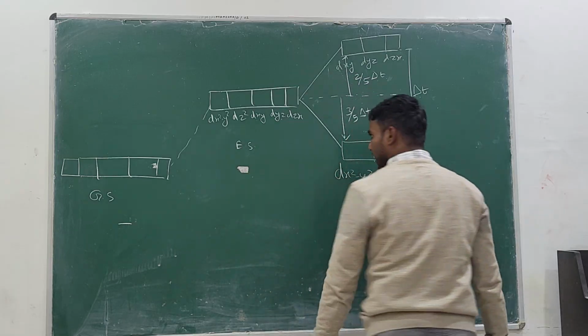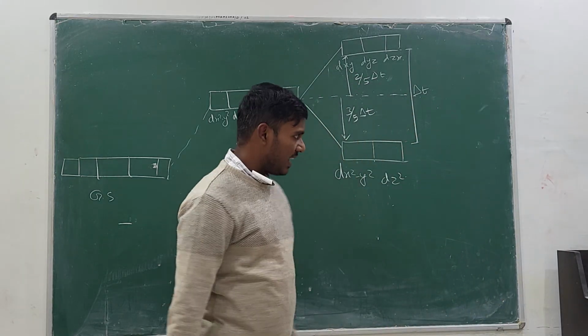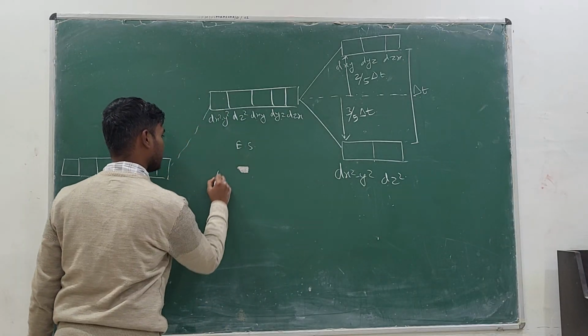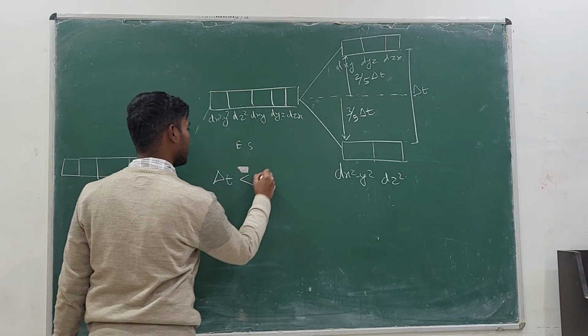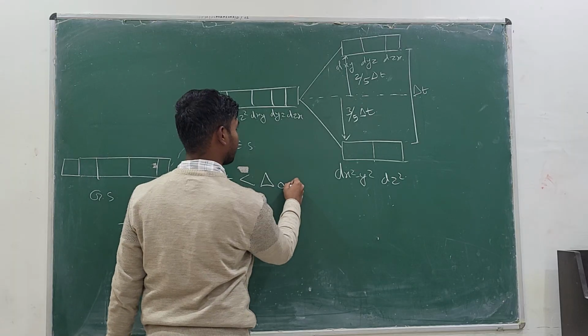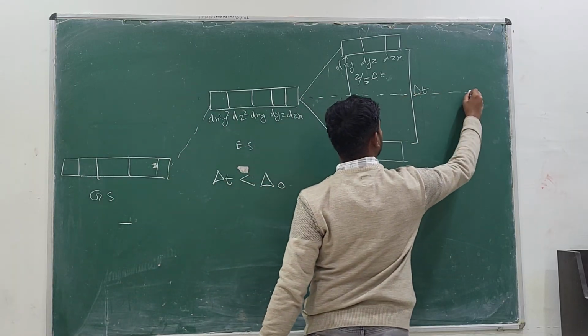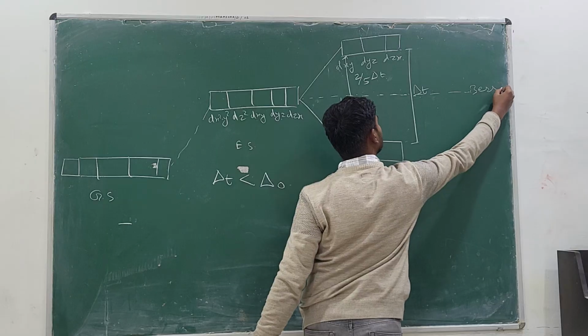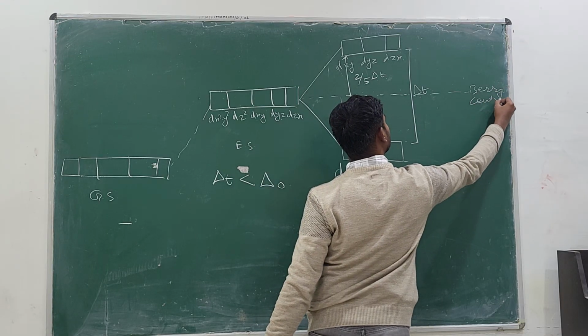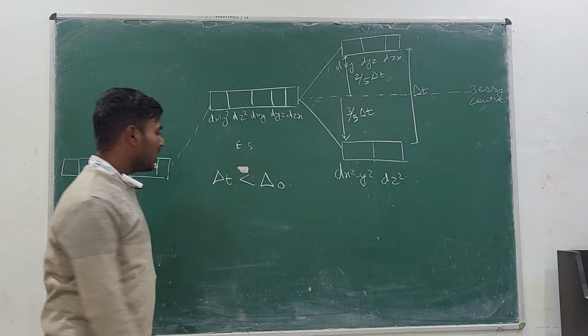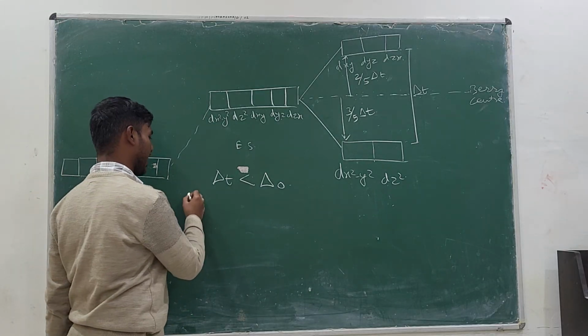Another important concept here is that delta T will always be less than delta O. Why?